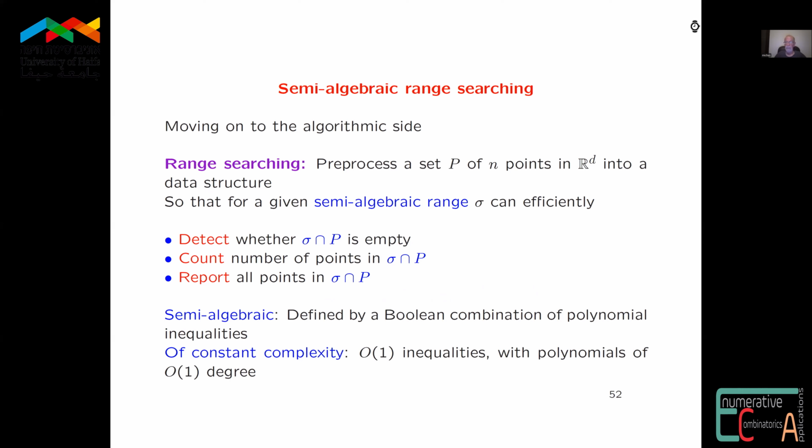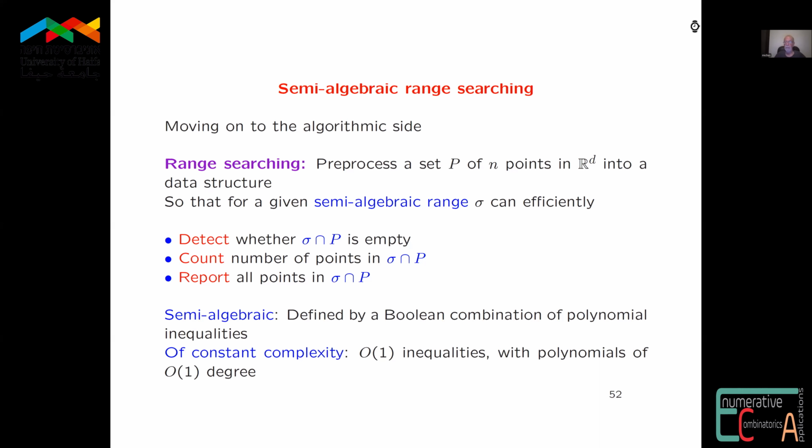Range searching simply means that I give you a set of points in some dimension, and I want to pre-process it into some data structure of some size, so that if I give you a semi-algebraic range, which is just a complicated name for some region in space, say a half space, a ball, a cylinder, whatever, I can efficiently answer questions of the type.